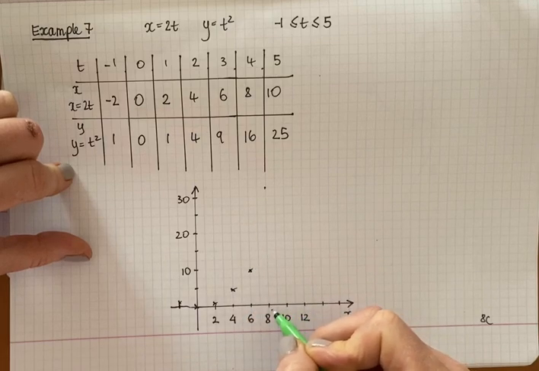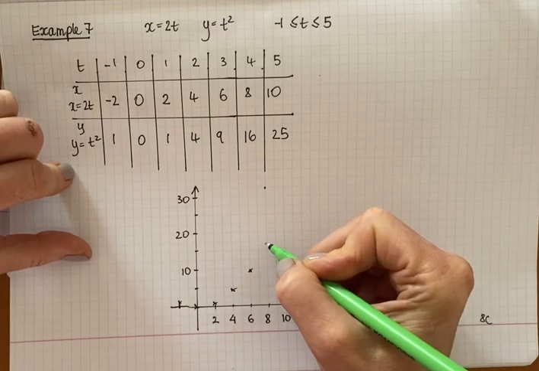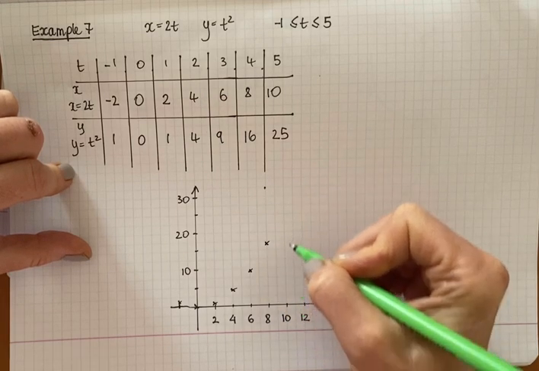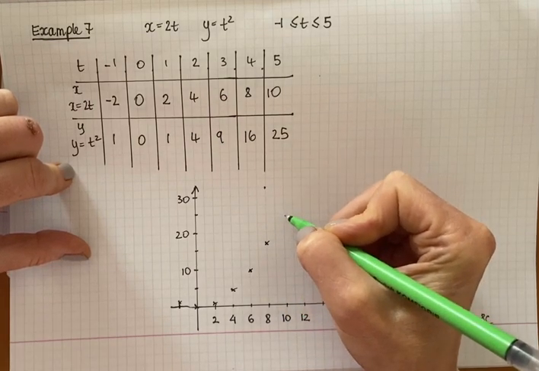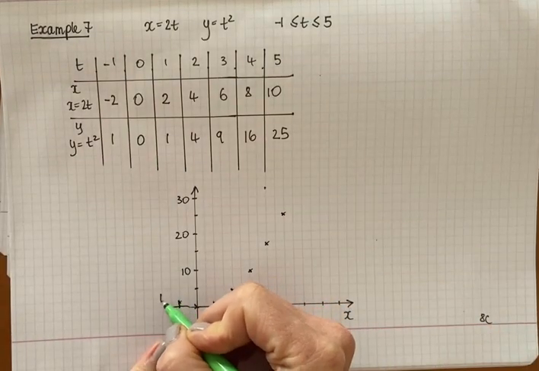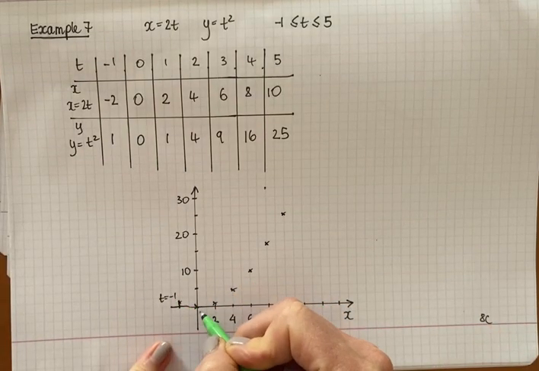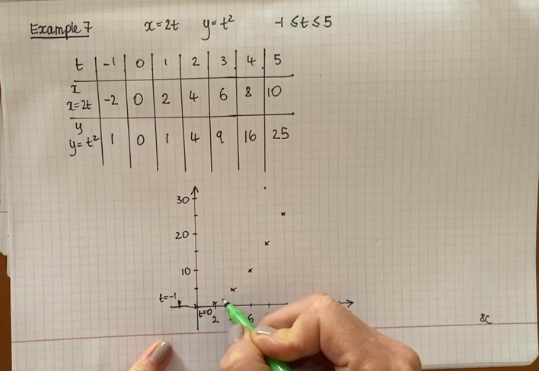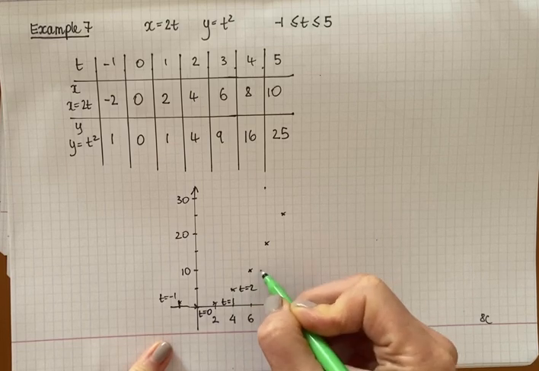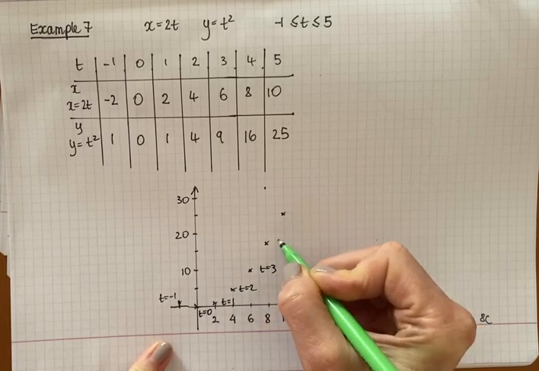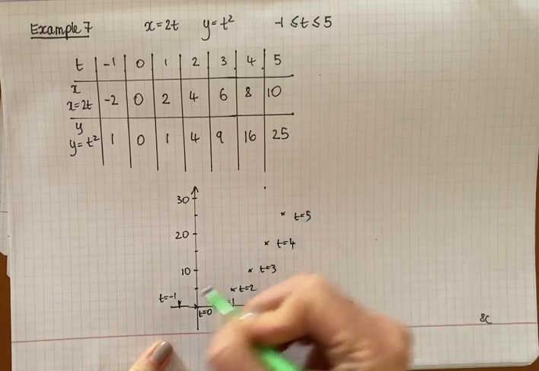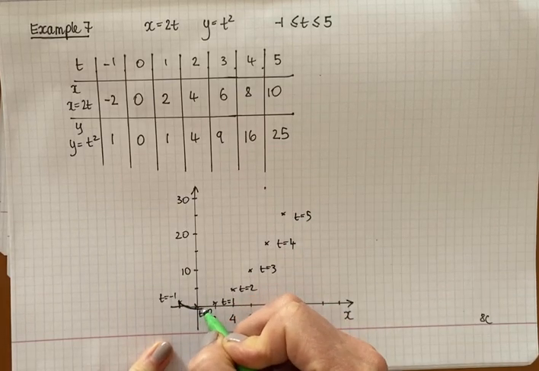And then to 8, 16. And 10, 25. Looks like a quadratic function. So this one was when t is equal to -1. That's when t is equal to 0. t is equal to 1, t is equal to 2, t is equal to 3, t is equal to 4, t is equal to 5, and then a continuous curve.